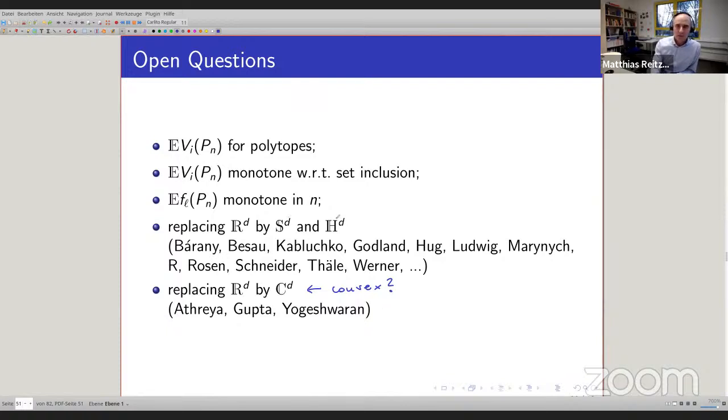So what convex and convex hull means in the spherical and hyperbolic case, this is clear, but the definition of convex and convex hull is much more complex in the complex case. And there's a first step, which is very interesting, and there should be a next step, going in the complex case to random polytopes.